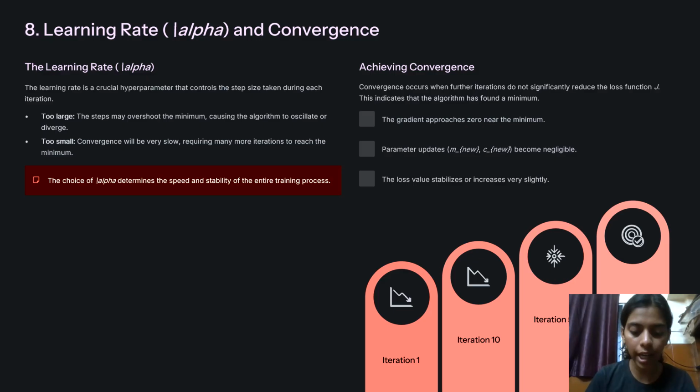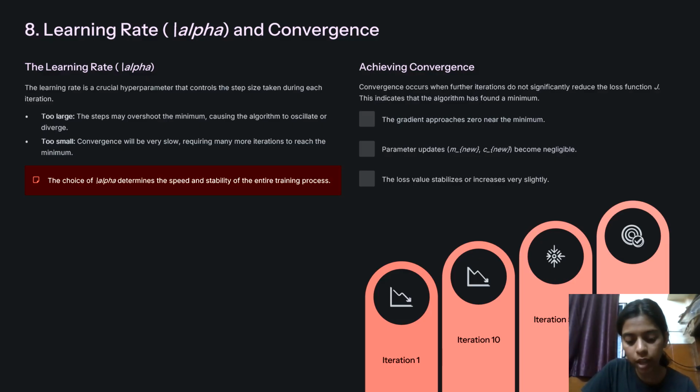Let's understand the learning rate and convergence. Alpha is nothing but the learning rate, which is the most critical part of gradient descent. If alpha is too large, the steps we take are huge, right? And if alpha is too small, the steps are tiny.